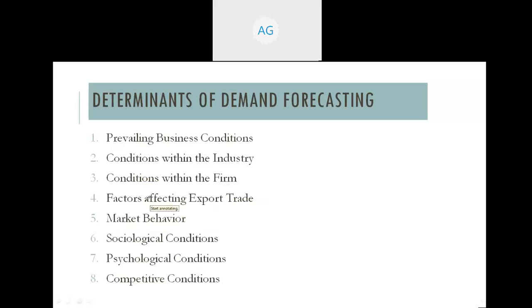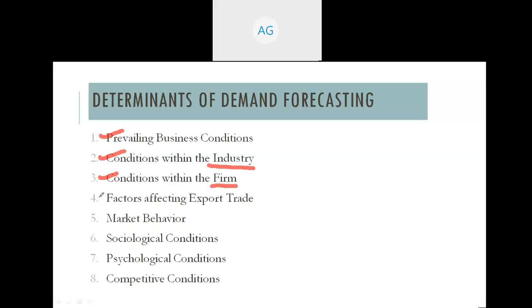So these are the names of the determinants of demand forecasting. First is prevailing business conditions, then conditions within the industry, then conditions within the firm. As you can see here, industry and firm are different, so the conditions of both are different.